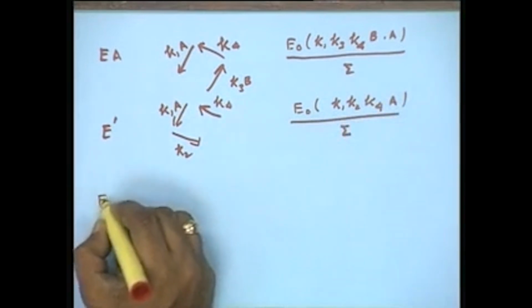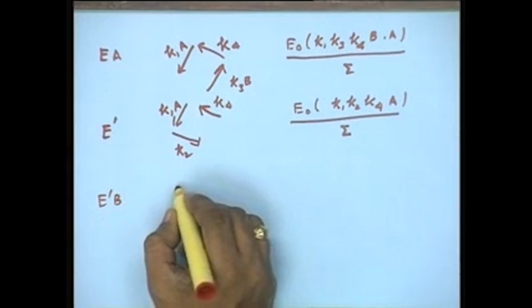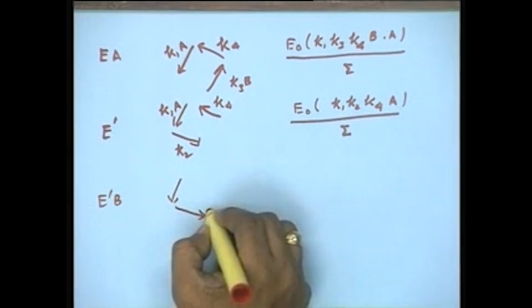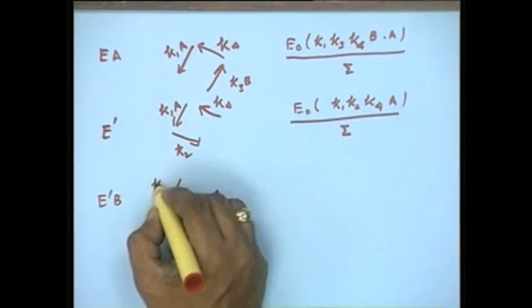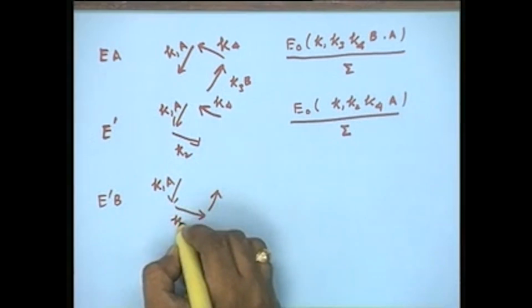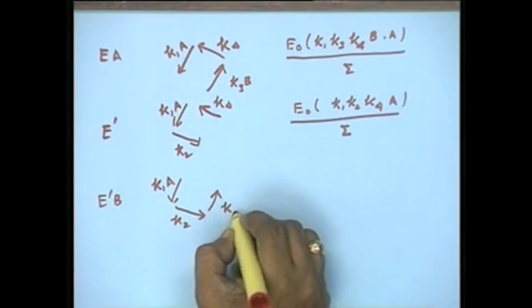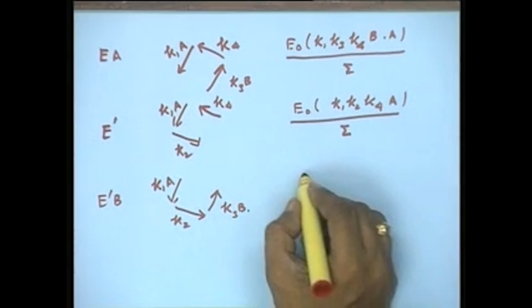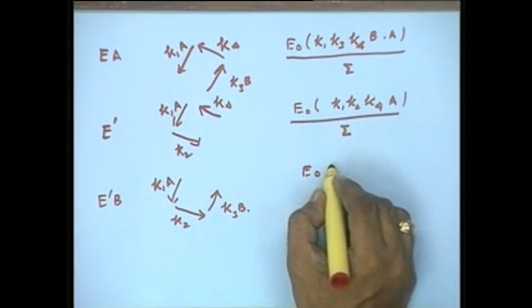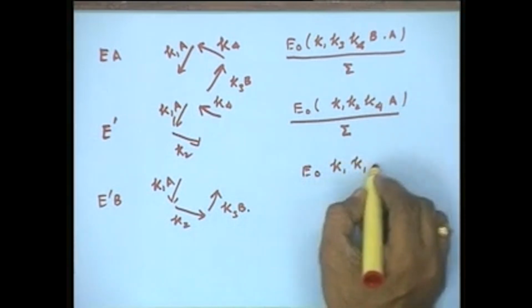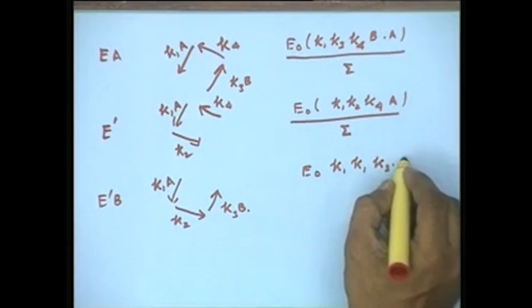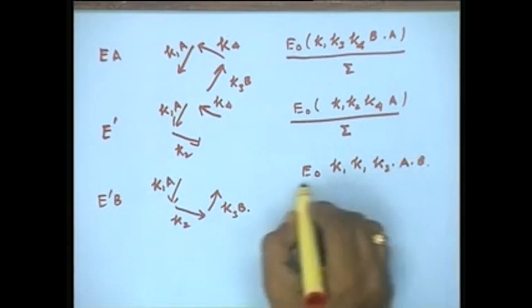And E'B will also have only one pattern, K1A, K2, K3B, and you will get E naught, K1, K2, K3 into A into B upon sigma.